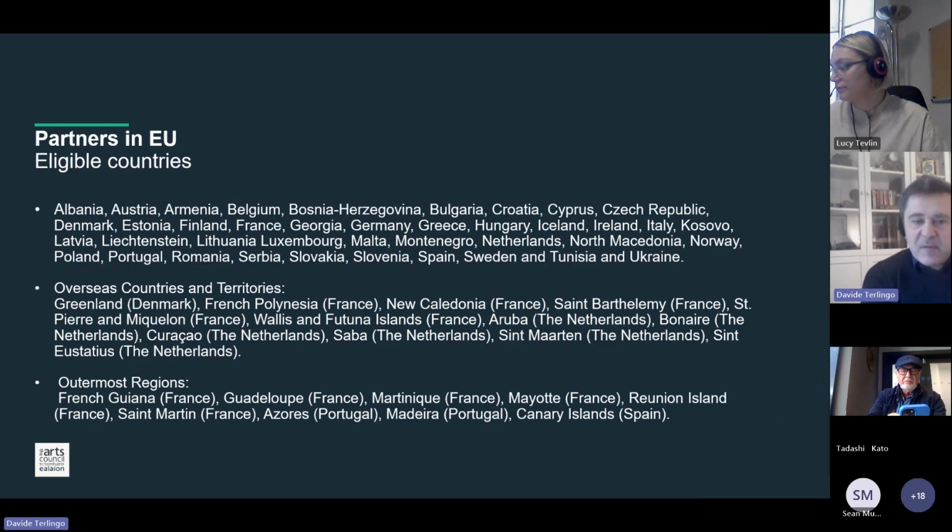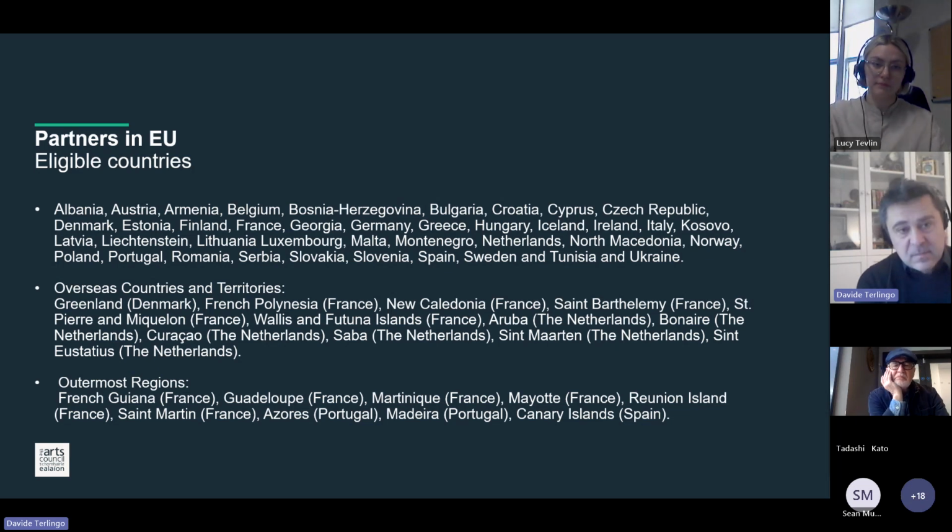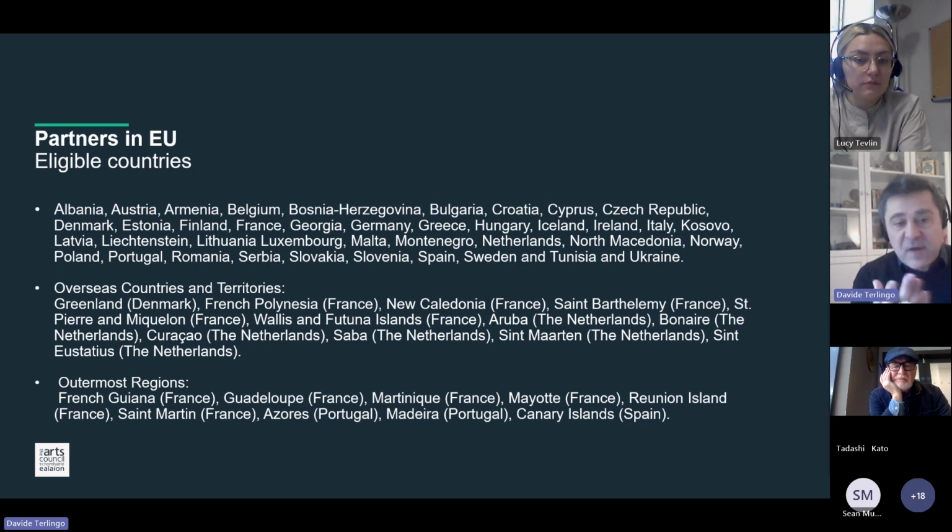Also, very helpfully, we have been given a list of all the countries and territories that are eligible to be considered as partners and where the travel can take place. These are all the regions, countries, and territories that can be included in a European application.